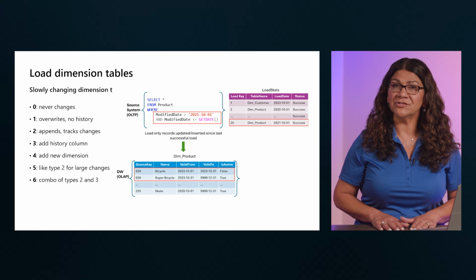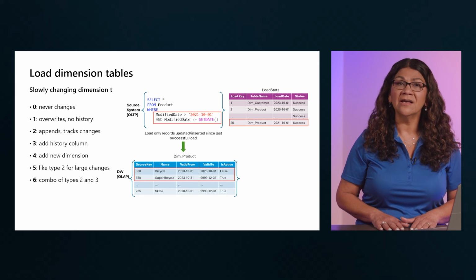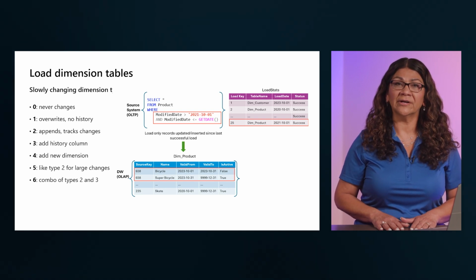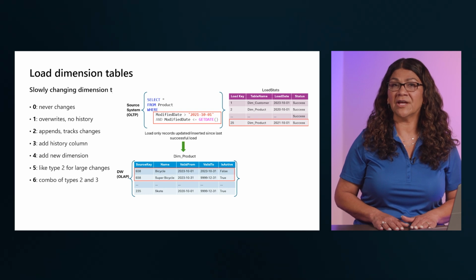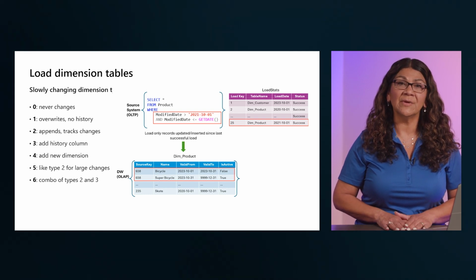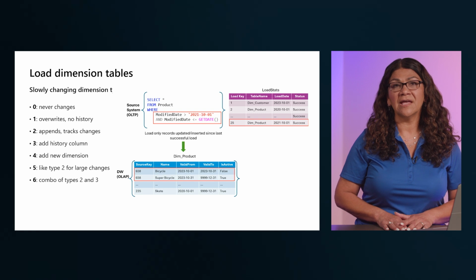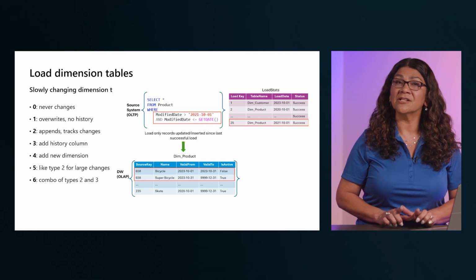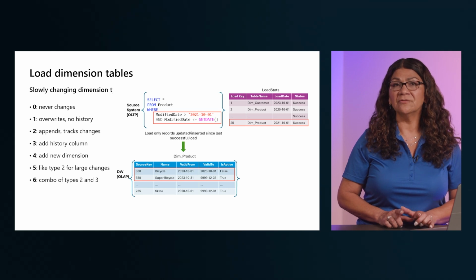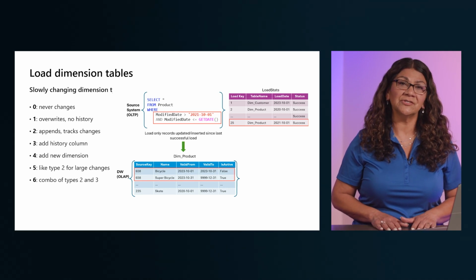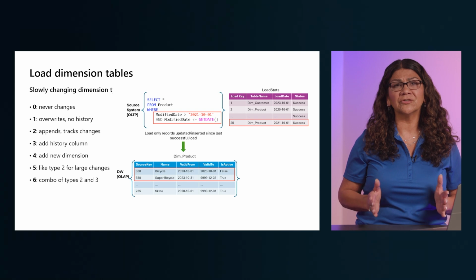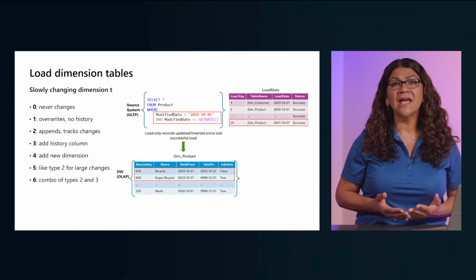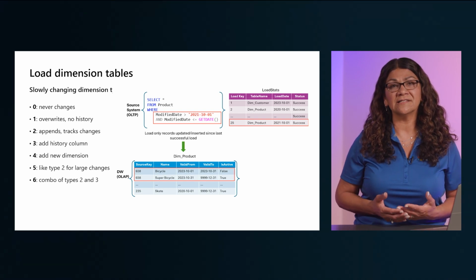Slowly changing dimensions, or SCD, are a concept in data warehousing used to manage and track changes in dimension data over time. In a Microsoft Fabric data warehouse, implementing a slowly changing dimension involves handling changes to dimension tables in a way that preserves historical accuracy and allows for effective analysis.